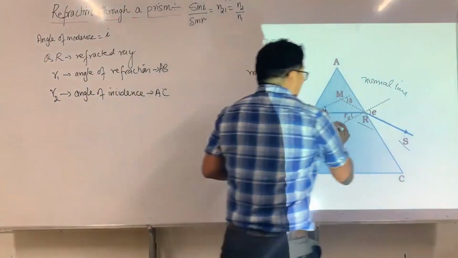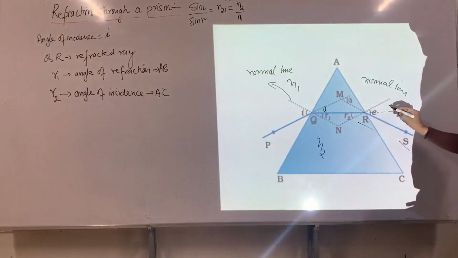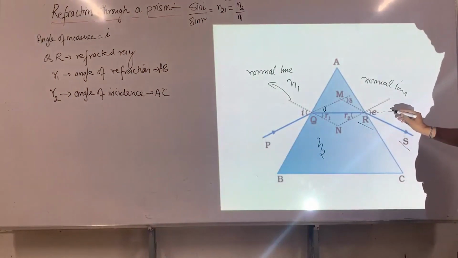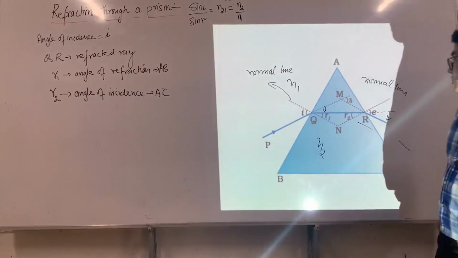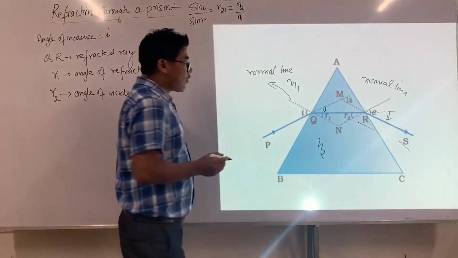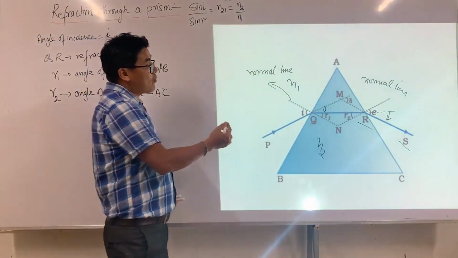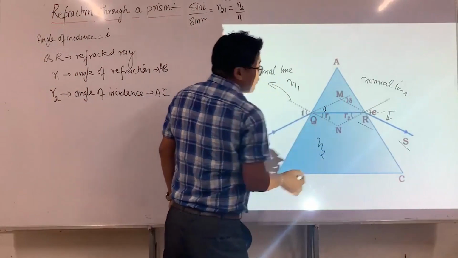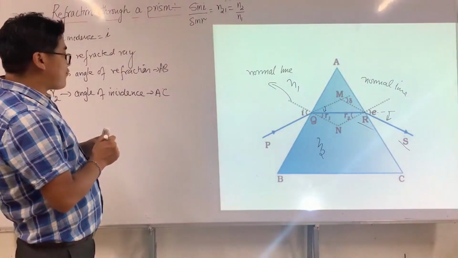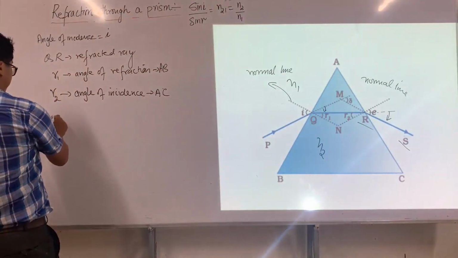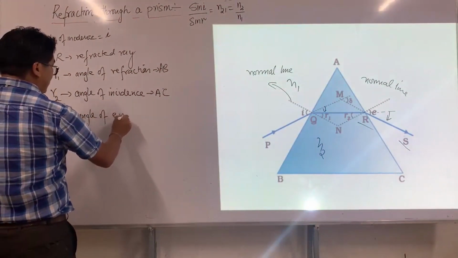Now again, if I extend this, this is bending away from the normal. Why? Because when light goes from a denser medium to a rarer medium, bending is away from the normal. You see, it is bending away from the normal. Alright. So now look here. At this surface, I just say e is the angle of emergence.